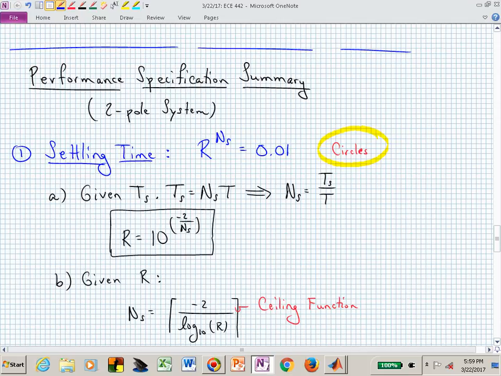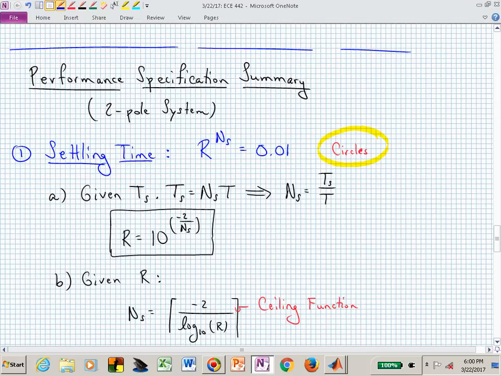And so if we multiply n sub s times the sample period, that gives us our absolute value for our settling time. And this is a 1% settling time. If somebody now says, I want a settling time of 3 seconds, and you have a sampling period, capital T, of 0.02, then you would use those numbers to find what n sub s, the number of samples in that particular interval of time, equals, and from that you can now find the radius in the z-plane.